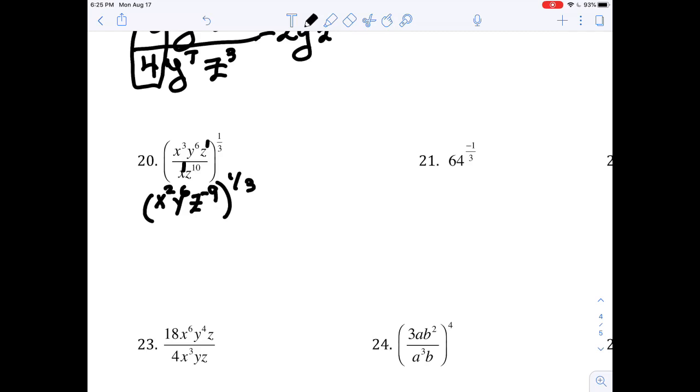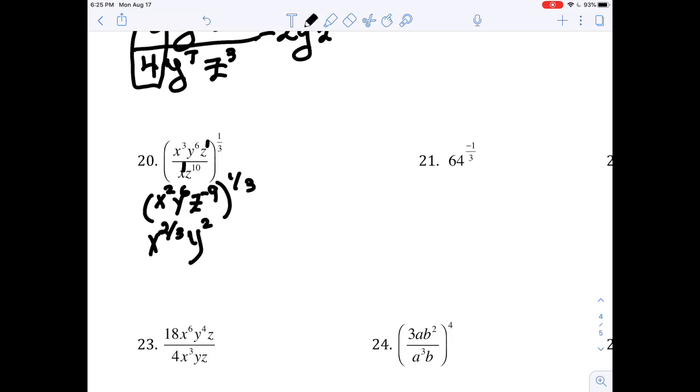Now I'm going to apply my power to the power rule. So that's going to be x squared to the 1/3. So I'm multiplying. So it's going to be x to the 2/3. Y to the 6 to the 1/3. So it's 6 multiplied by 1/3, which is 2. And again, if you need your calculator to help you, that's fine.